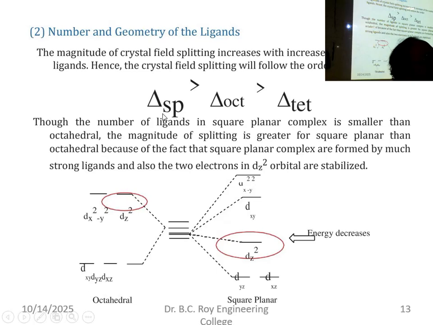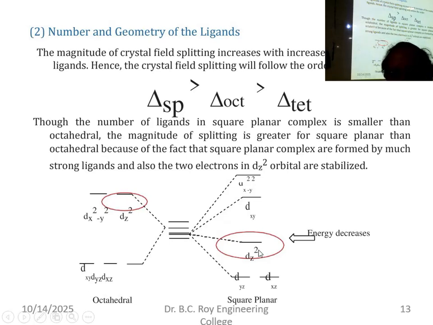Okay, they are comparatively closer and will feel more repulsion. That's why, see the splitting here and see the splitting here. The bottommost and the topmost, if you compare, the overall CFSE has gone up. Maybe individually the gap between the two is less, but overall, if you see dyz and dx square minus y square, the gap between them has increased.